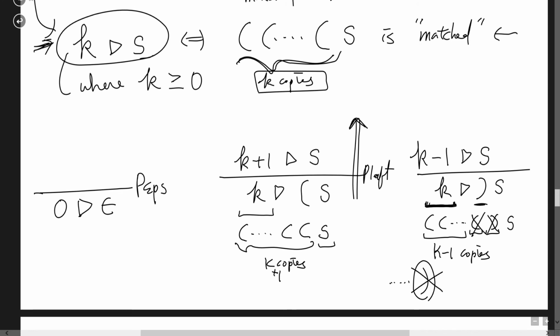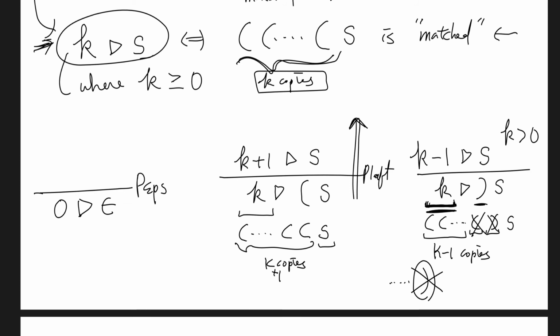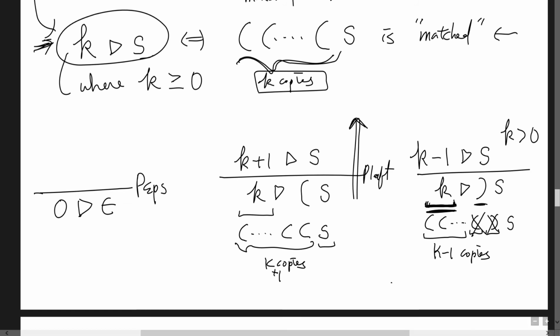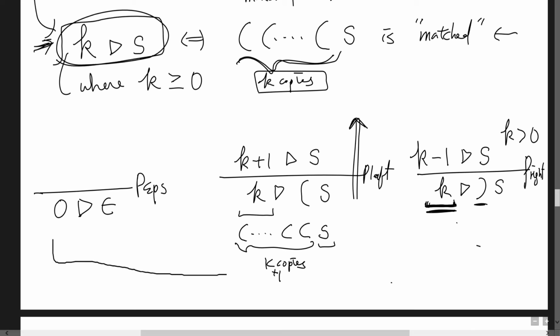So we require that this K must be greater than 0. If this is 0, then it's not going to be accepted. So we have developed these 3 inference rules. The name of this inference rule is P right. We introduce a new judgment, and we have these 3 inference rules.